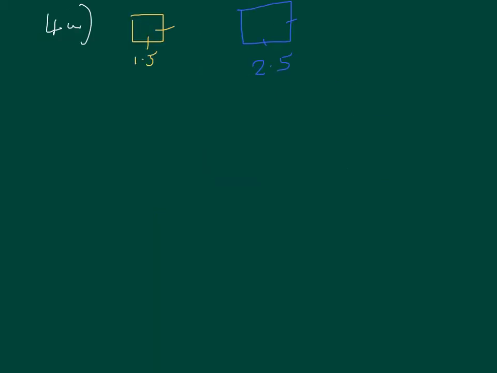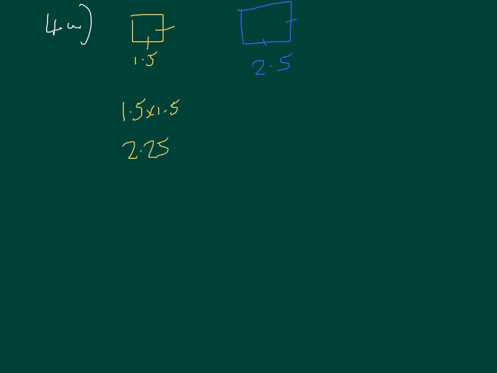Question 4 starts off by asking us to express the ratios of the areas of the following squares in simplest form. Now, remembering that we need to work out the areas, the area of this square would be 1.5 times 1.5, or 1.5 squared, which is 2.25, or 2 1/4.